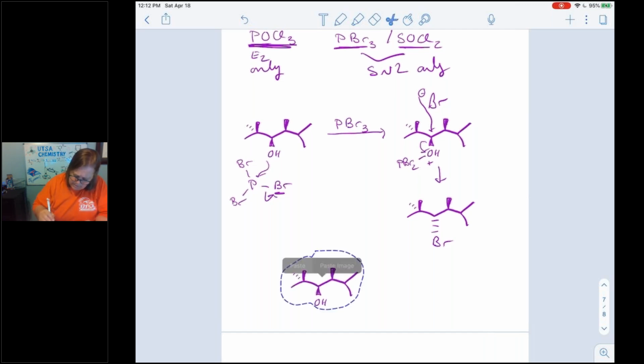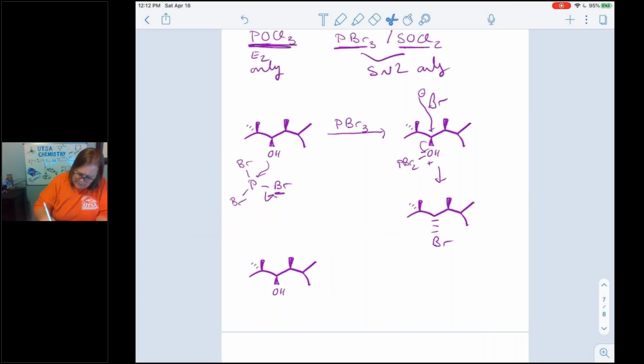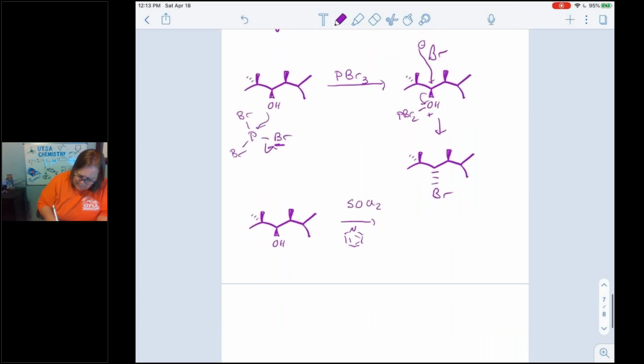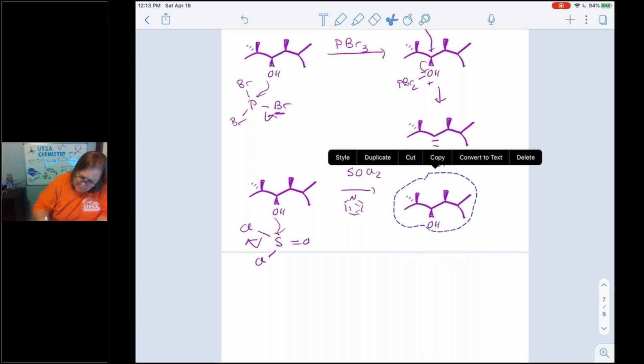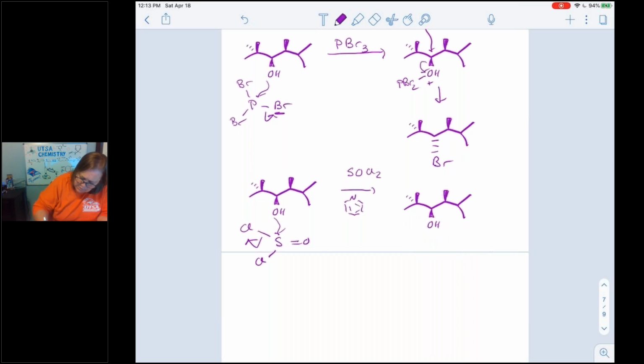Say for whatever reason, I wanted to chlorinate this instead of brominate it. I'm going to use this in the presence of thionyl chloride. This reaction needs to take place in pyridine. Thionyl chloride is also electrophilic. The first step, of course, is nucleophilic attack of the sulfur. I'm going to kick off my halogen and form this intermediate species here.